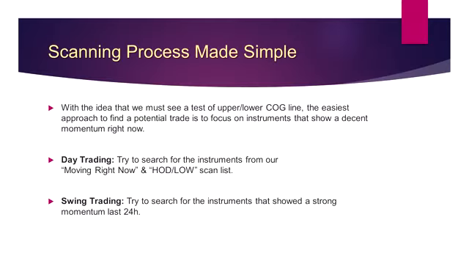Profit Trade Catcher system scanning process made simple. With the idea that we must see a test of the upper or lower central of gravity line, the easiest approach to find a potential trade is to focus on instruments that show decent momentum right now. For day trading, try to search for instruments from our moving right now and high of the day, low of the day scan lists.